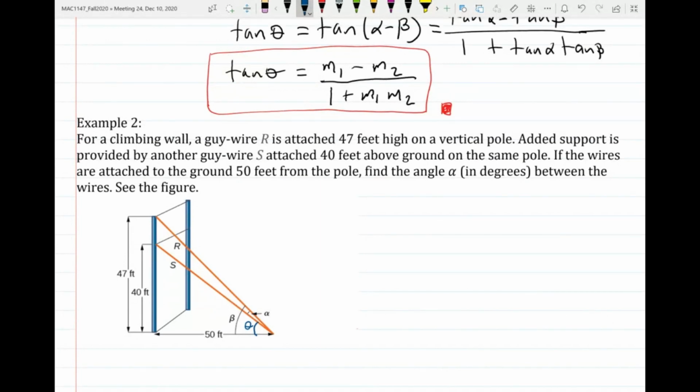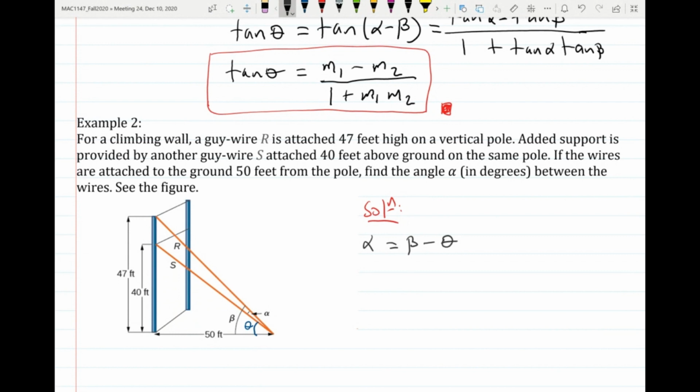That means that with this relationship, alpha can be obtained by doing beta minus theta. So the solution: the alpha that we're looking for equals beta minus theta, where theta is as we just drew it in the picture.